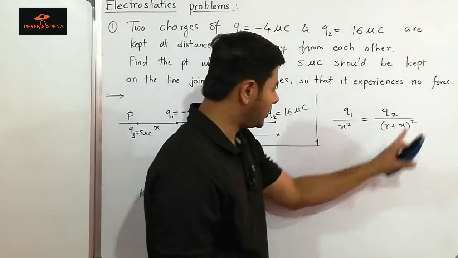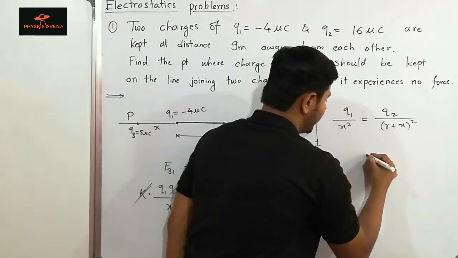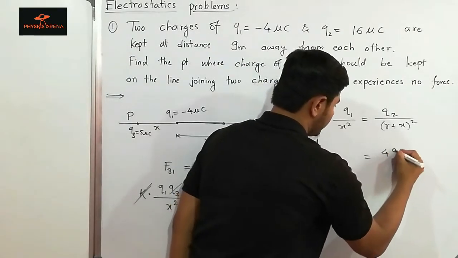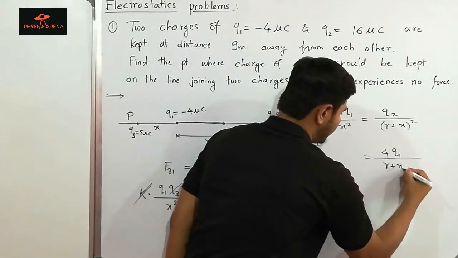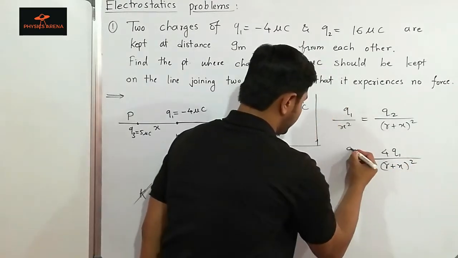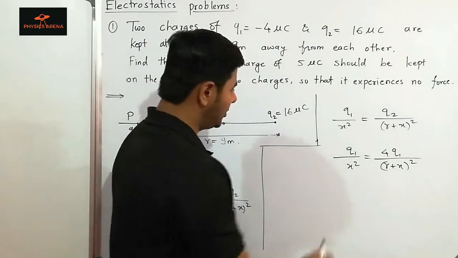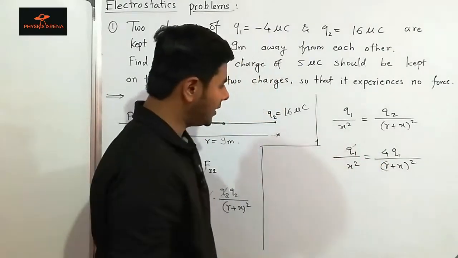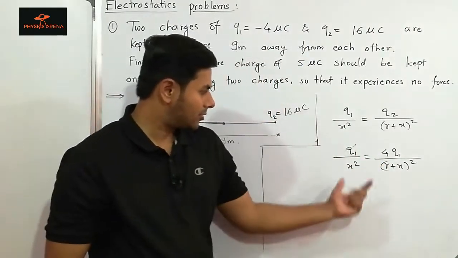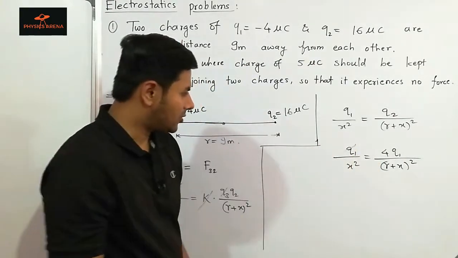So I can write here it is 4 times Q1 divided by r plus x squared, and on this side we have Q1 divided by x squared. So Q1 and Q1 get cancelled. So now let's do this cross multiplication.